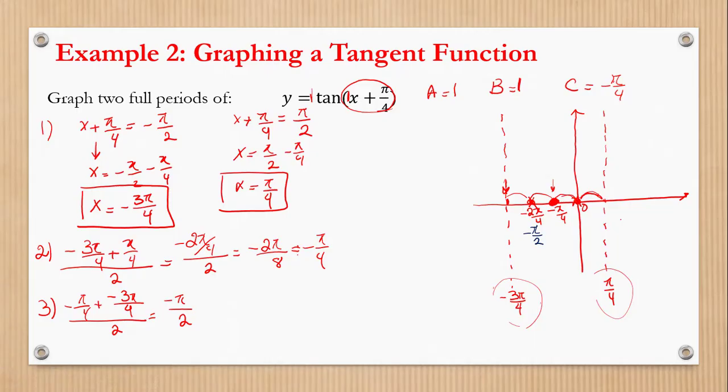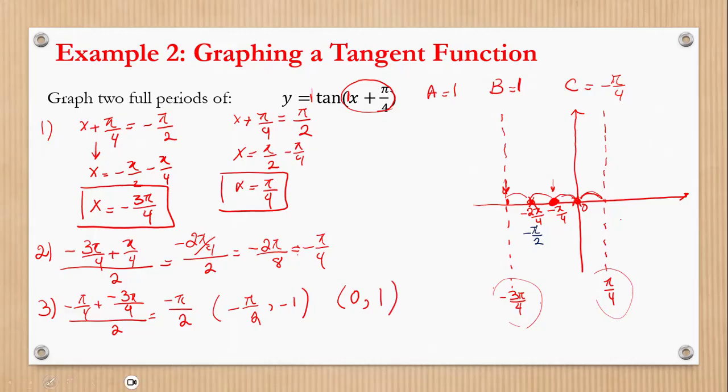This time, unlike sine and cosine, we don't need to calculate, because we know that the y value of the first point is negative a, which is negative 1 in this example. So we have negative pi over 2 and negative 1. And the y value of the 3/4 point, which is 0, is positive a, which is positive 1.